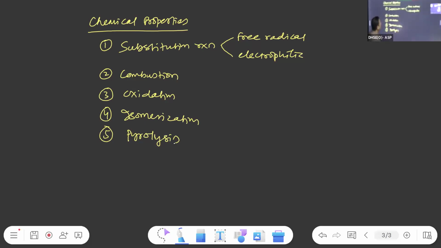So these are the major reactions taking place in alkanes. Among these, the substitution reaction needs more discussion, and under substitution, the major one is the free radical substitution reaction.